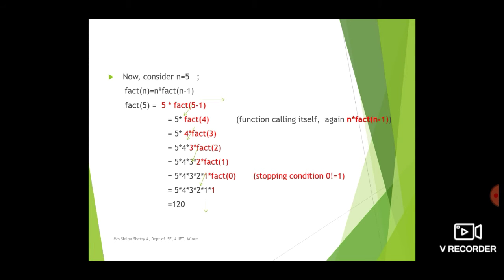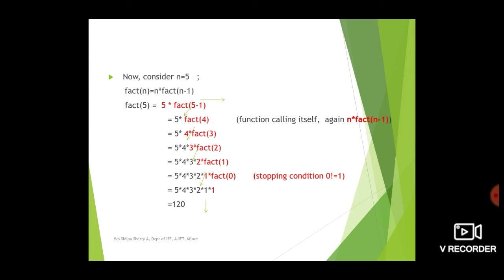So now let us see an example here. Let's take one more. If we take factorial of 5, it is 5 into factorial of 4, that is 5 minus 1. Factorial of 4 will be 4 into factorial of 3, factorial of 3 will be 3 into factorial of 2, and factorial of 2 will be 2 into factorial of 1.